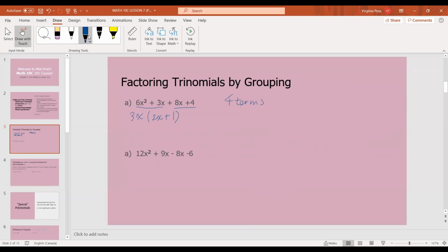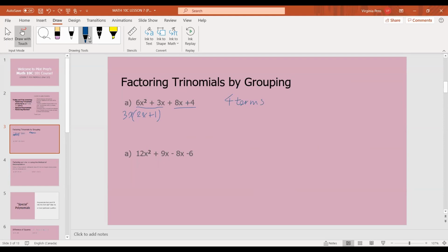So this is what we're left with. For the next group, I should rewrite this so I leave myself more room for the other side. 3x squared, 2x plus 1. Okay. Now for the next group, we're going to do the same thing. We're going to find a common factor that both of these terms have and take it out. In this case, we can't take out an x because 4 doesn't have an x beside it.